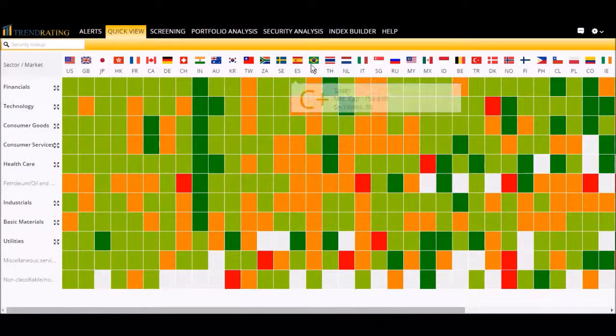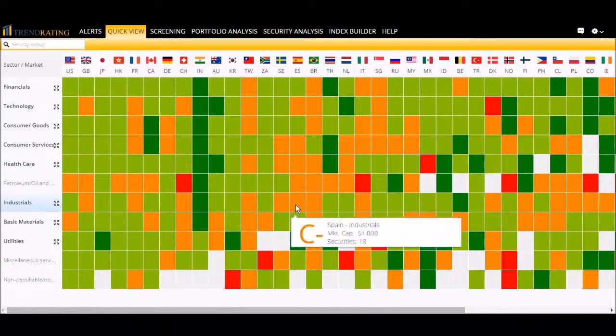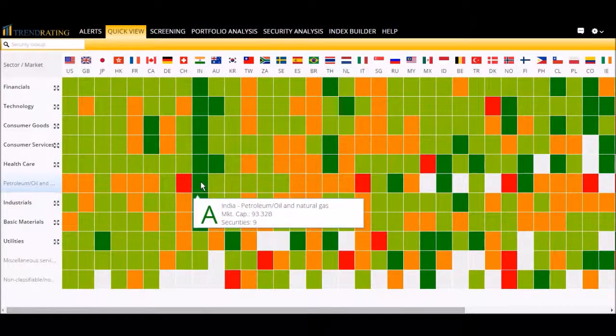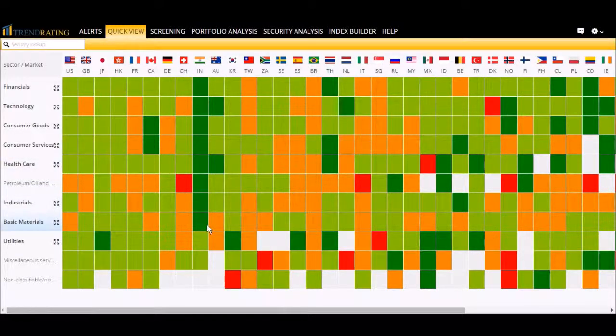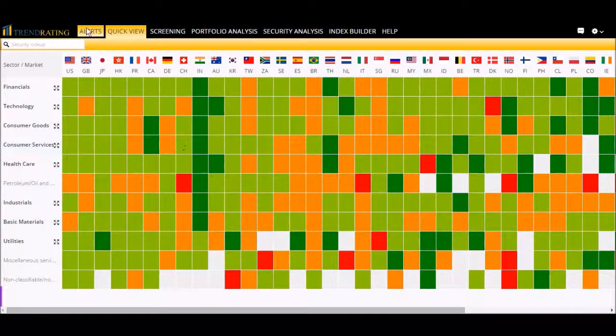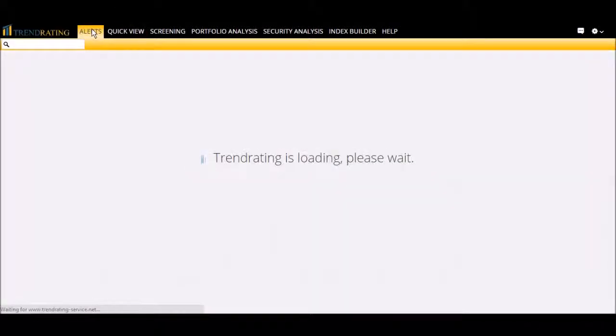For example, petroleum and oil in Spain is very bad. In India, however, the majority of stocks in petroleum and oil are moving up. This is an easy way to identify ways to switch portfolios and identify areas of interest depending on your strategy and needs.